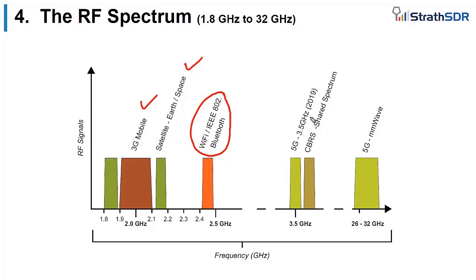And going even higher up to 3.5 gigahertz, we can see another 5G band in many countries, and the US has got CBRS. And if we go all the way to millimeter waves at 26 gigahertz and above, then we're expecting 5G comms there. That won't be a focus of what we talk about in this course, but nonetheless, there's future comms at millimeter waves coming just round the corner.